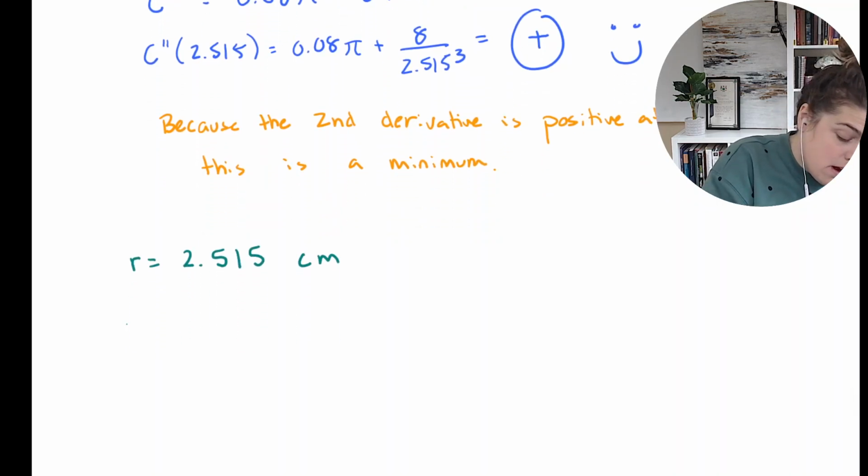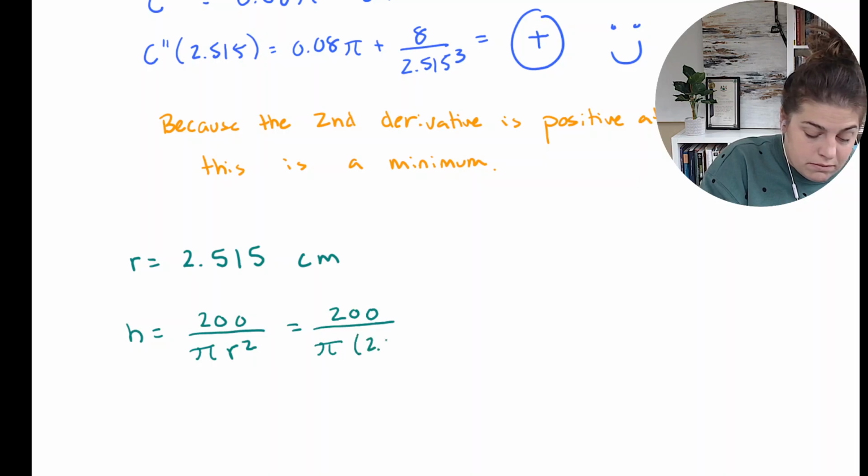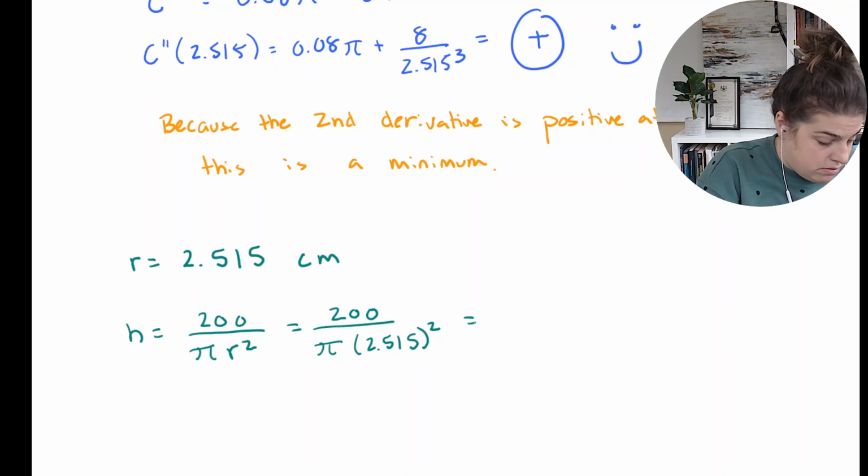To get our height, we go back to that constraint, which was 200 divided by pi r squared, and we're just going to plug in. So height, we get 10.068.